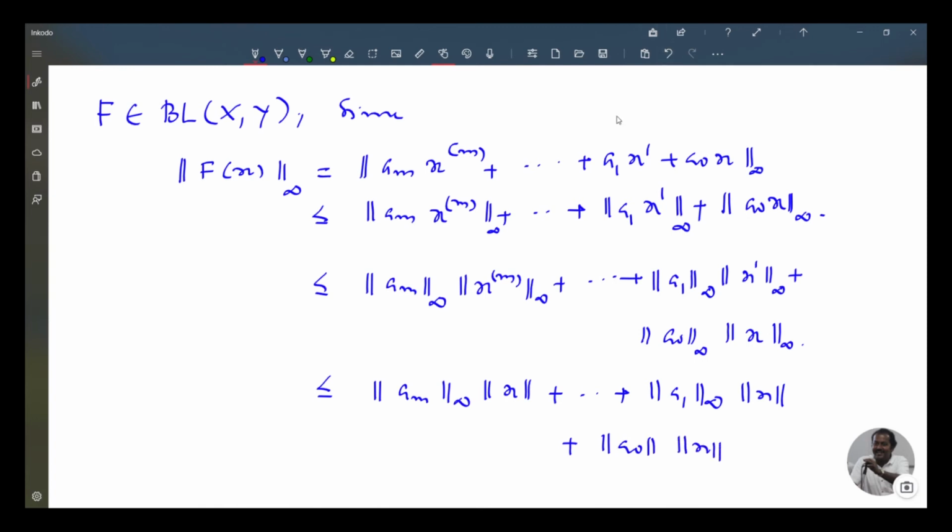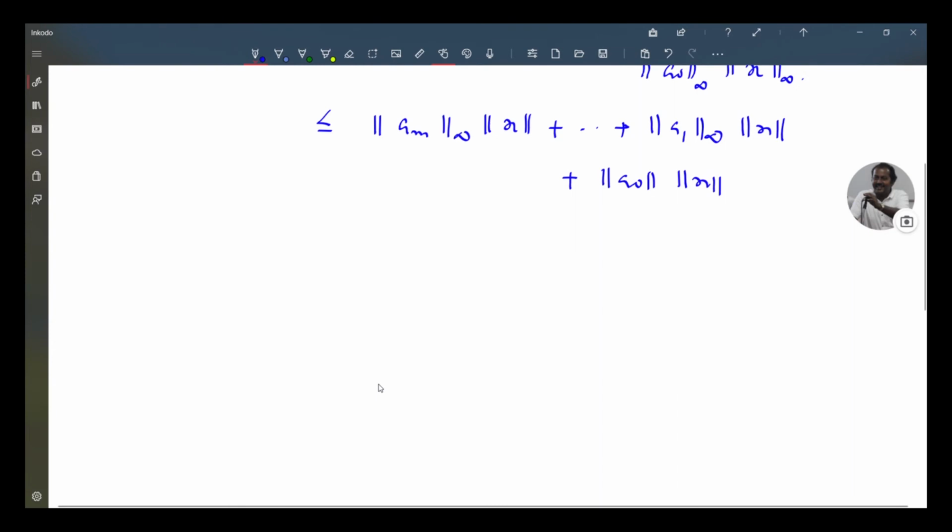So that is equal to sup norm of a_m plus etc. plus sup norm of a_1 plus sup norm of a_0, into norm of x.